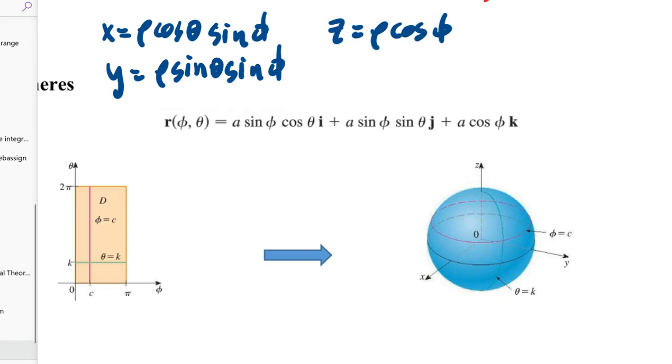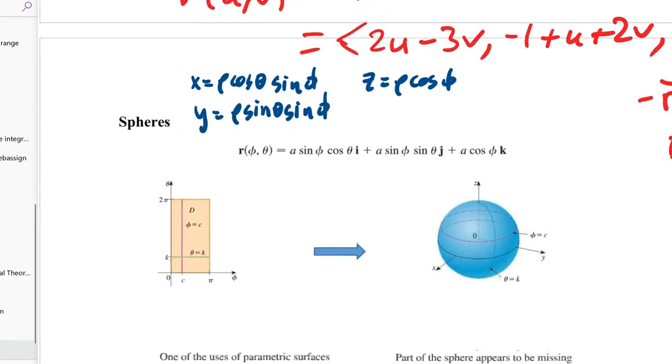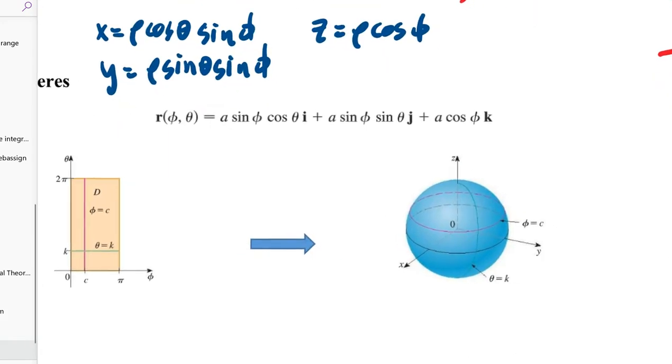In this case, what they're parametrizing is this sphere of radius a. So rho is a in every case. So all you have to do is substitute a for rho, and you've got your parameterization set.